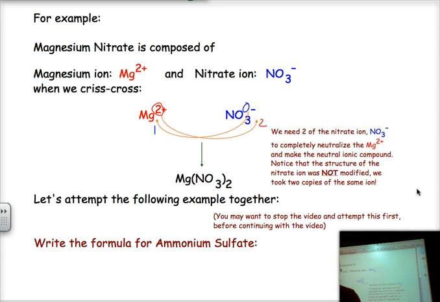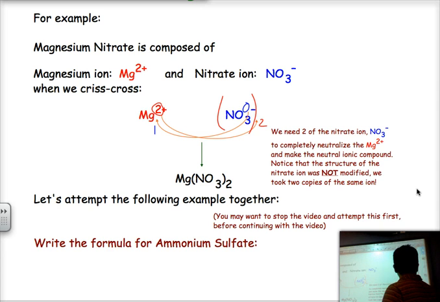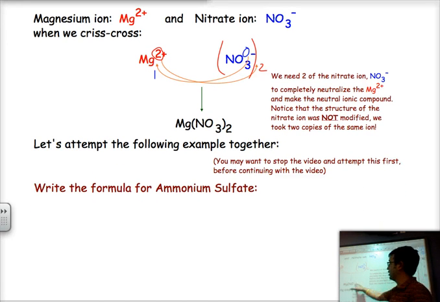So we need 2 of that entire ion to be bonded to the magnesium so we can get a neutral compound. And so we get the formula that I have written down here in black: Mg, and in parentheses, NO3, and outside the parentheses 2.